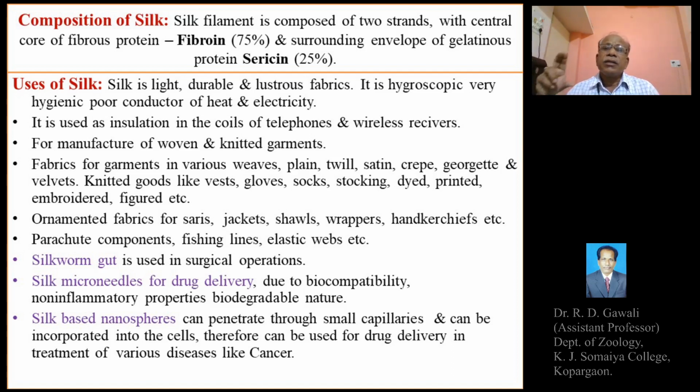These are some of the important steps practiced in the post-harvest processing of the cocoons, and in the final stage the raw silk is obtained in the form of bales or bundles, which are then sent to the textile industry.